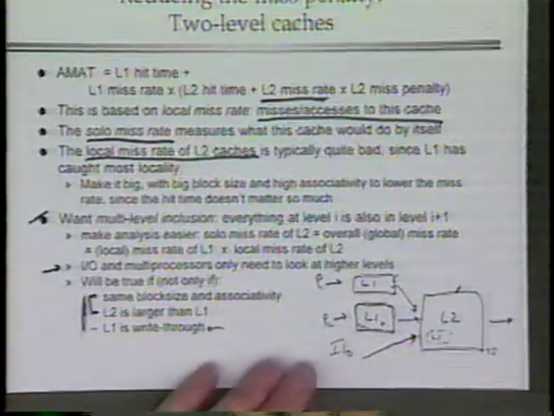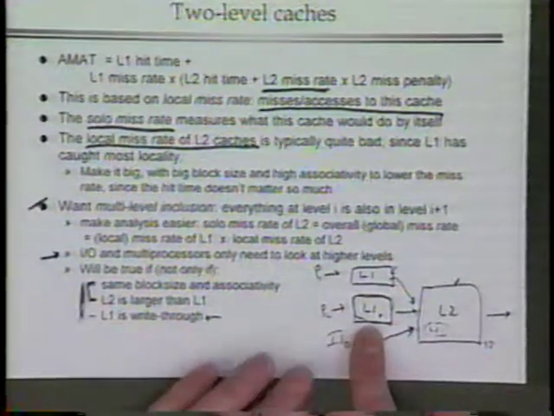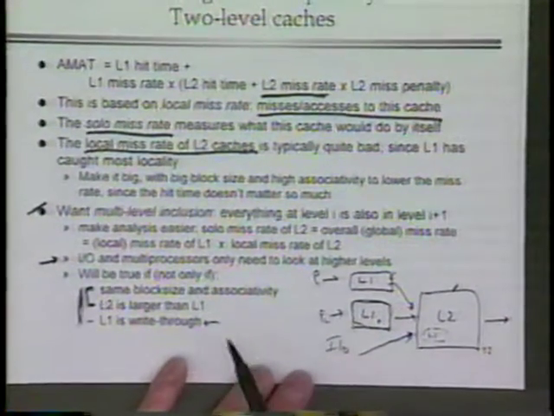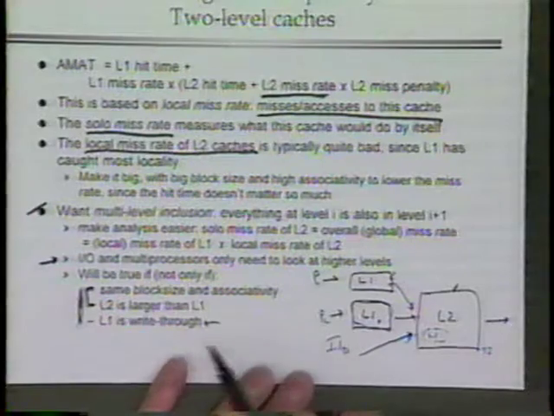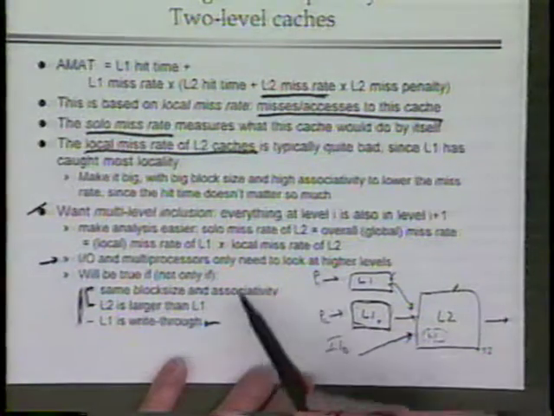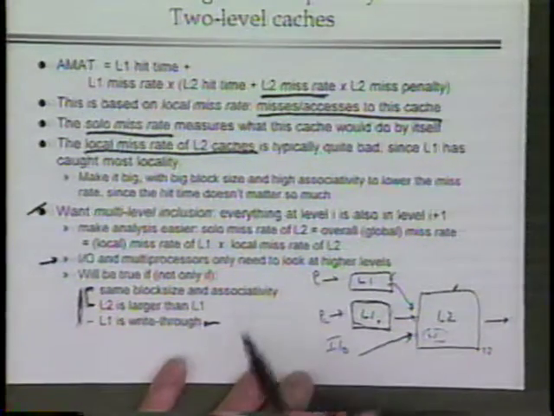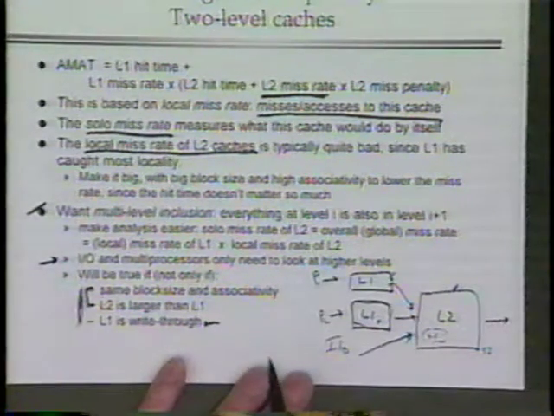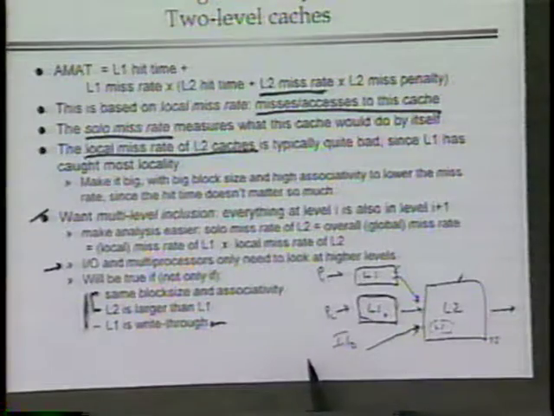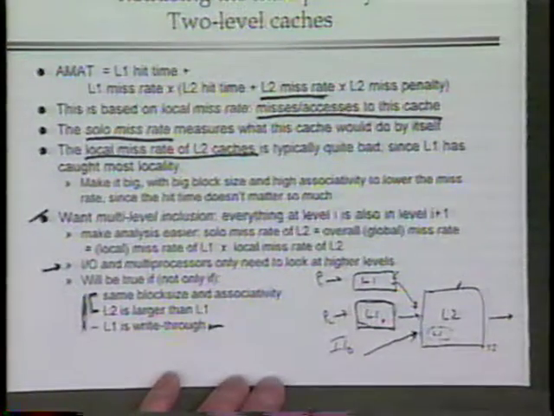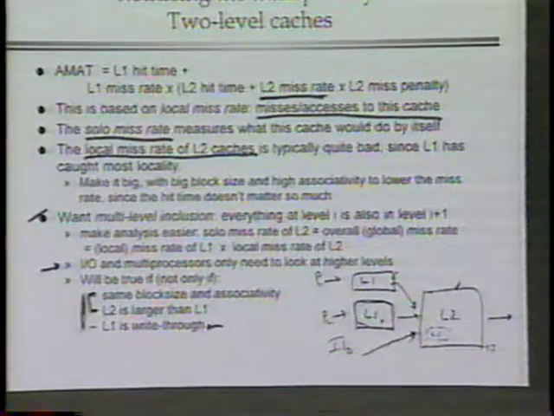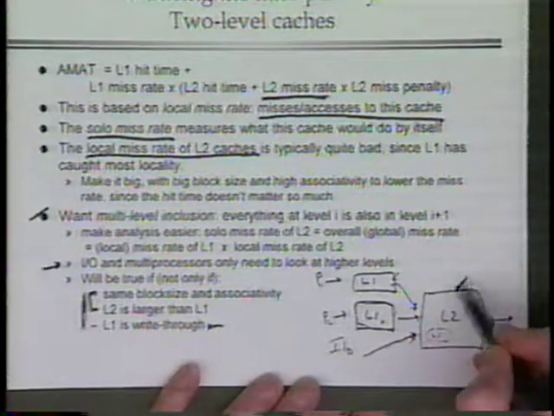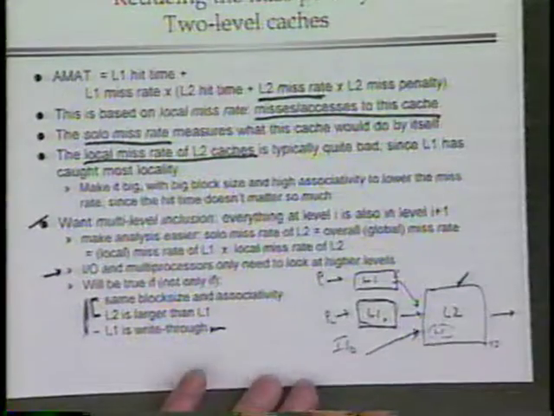Questions about that? The 21164, whose block diagram I showed, does exactly this. It has a level 1 cache, which is a write-through cache, and in fact, I believe it has the same block size. It doesn't have the same associativity because the level 1 cache is direct mapped, but still, I believe, obeys this multi-level inclusion property, so that references from other processors or other I/O devices only have to worry about what is or isn't in level 2.